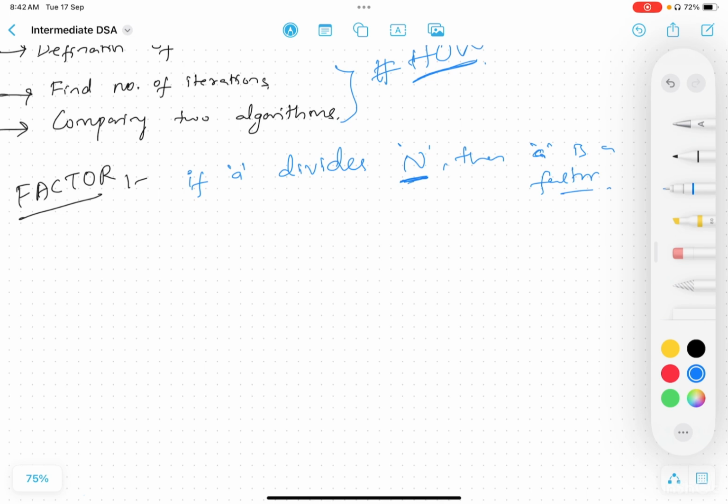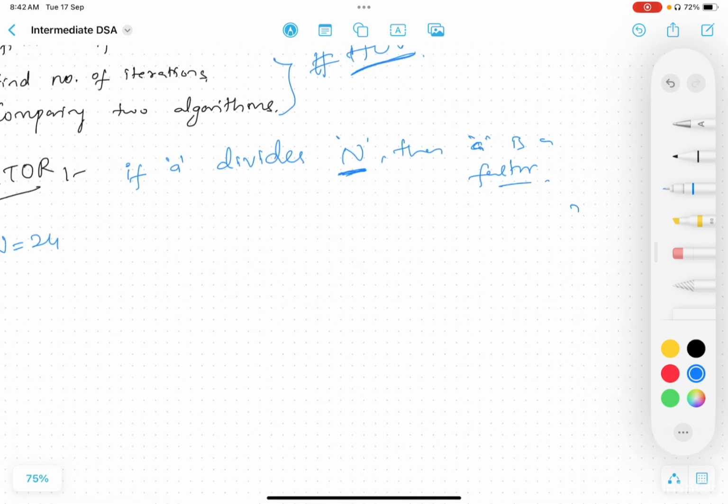Now, I wanted to know how many such factors exist for n. There won't be only one factor, right? There will always be more than one factor. So if I take n equal to 24, now generally how do you find factors? In basic mathematics we do factorization, right? Prime factorization, or we'll find all the numbers.